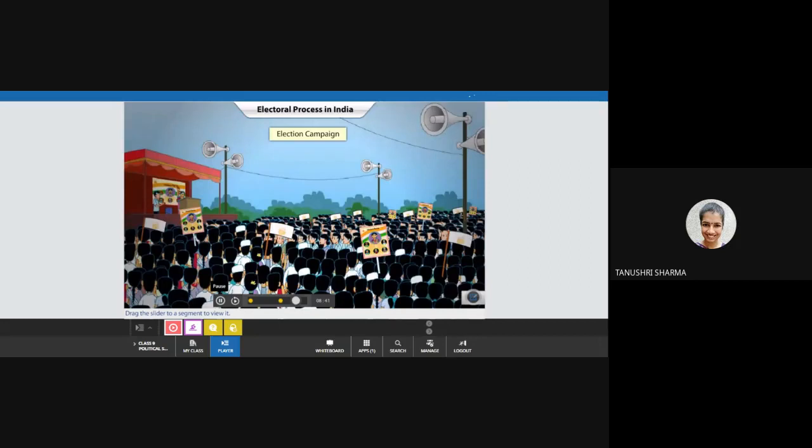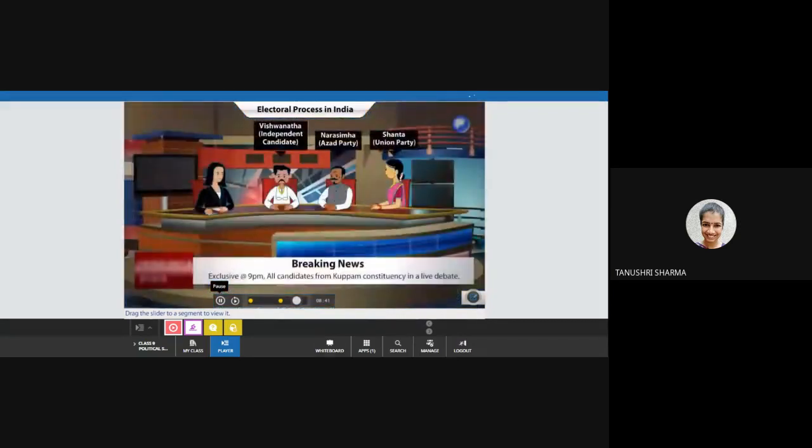Election campaign plays a pivotal role in determining which party will rule the government. She also participated in public debates and talk shows conducted by media houses to talk about her party's policies and programs as per the party manifesto.